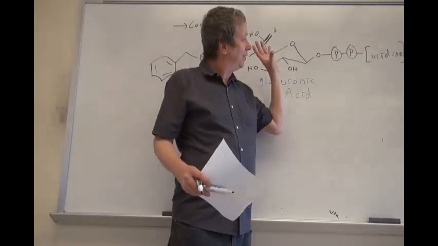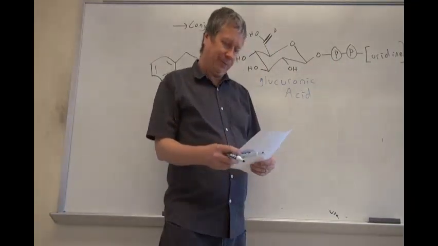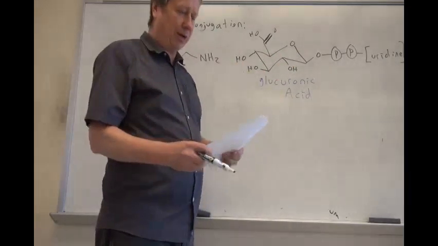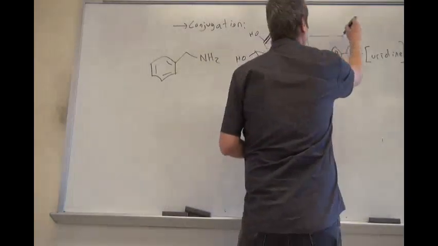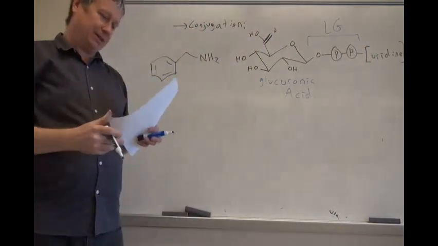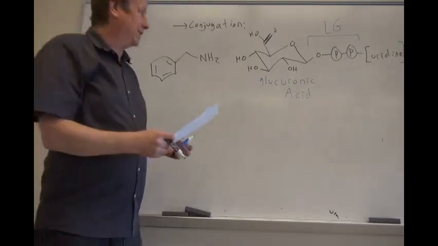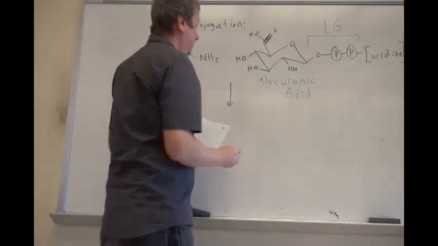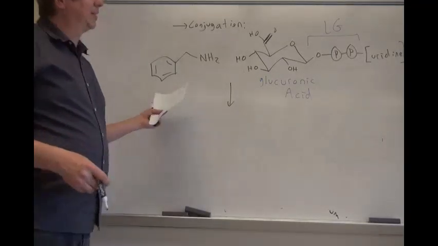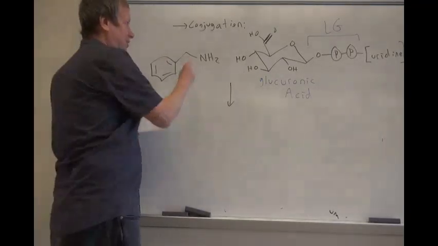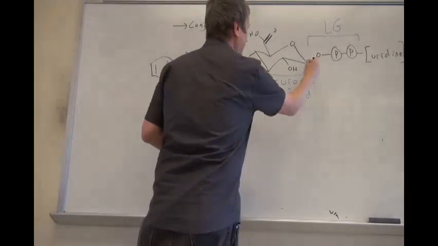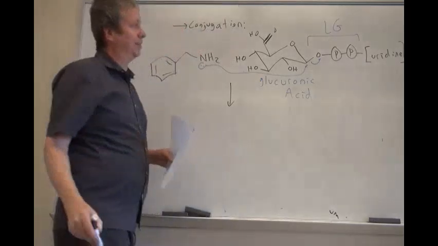And what have we learned about these phosphates on biological molecules? They act like a leaving group. So that whole thing gets kicked off as a leaving group. And so in this phase 2 metabolism, with the help of an enzyme, this kicks off the leaving group, right?